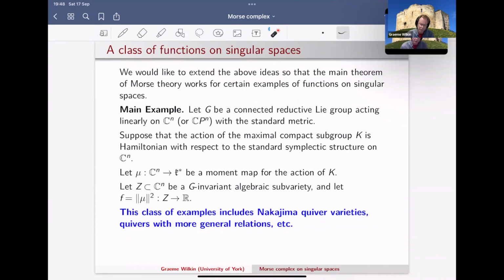finite dimensions. So, for example, a problem in algebraic geometry is to study a connected reductive Lie group acting linearly on either an affine space or a complex projective space with either the Euclidean metric or the Fubini-Study metric. And then you can ask if the maximal compact subgroup is Hamiltonian with respect to the standard symplectic structure.